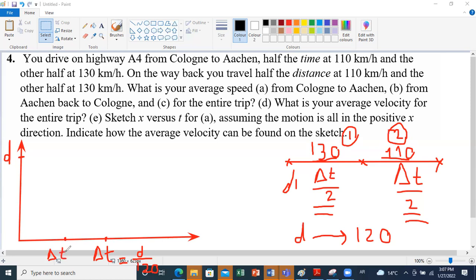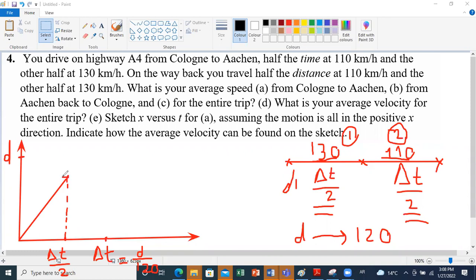I can put it on the graph, and then to find what is D1 and D2 graphically, I can just draw first a straight line of slope 130. It will intersect delta t over 2 at a certain point. This will correspond to D1.